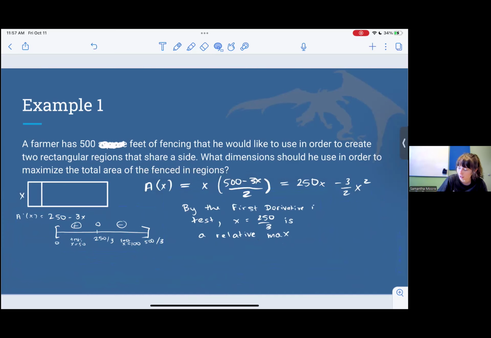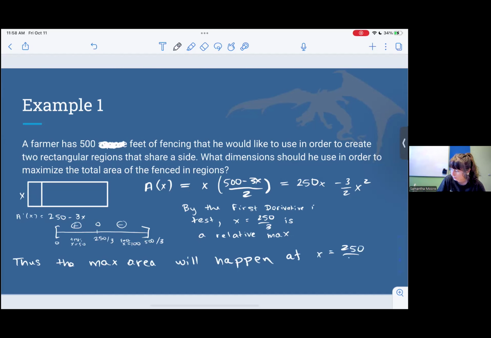So the max area will happen at x equals 250 over 3 or at one of the endpoints, x equals 0 or x equals 500 over 3, right? Because we can have endpoints that maximize our function as well.